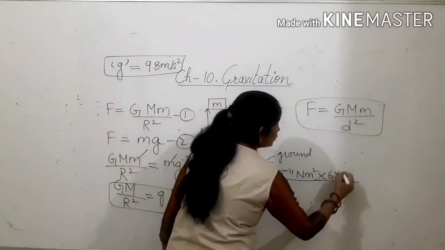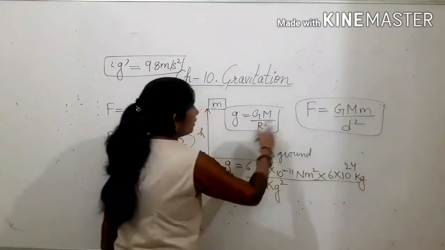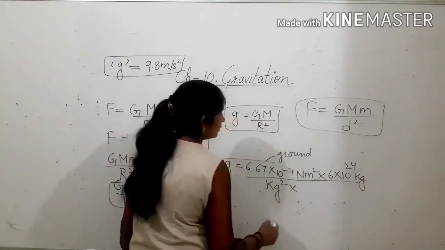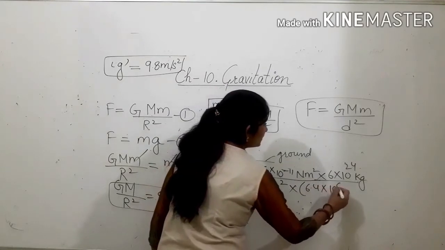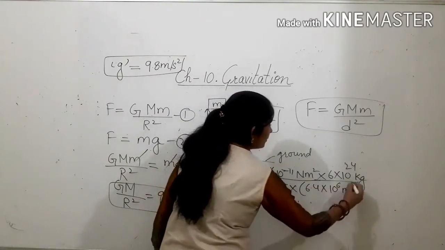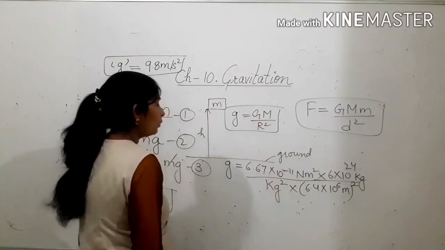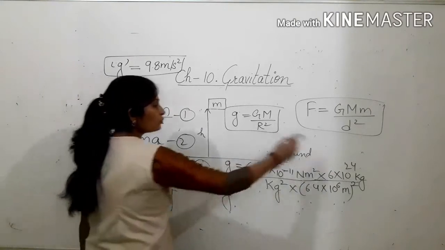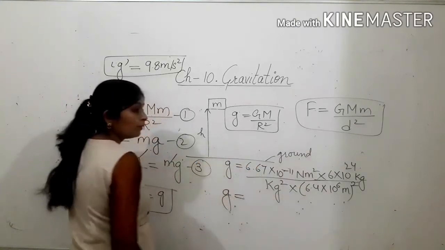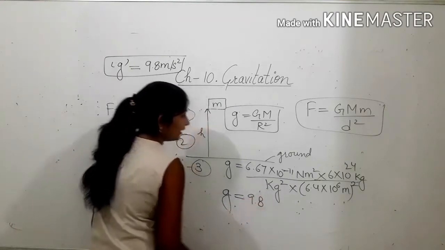It is 6 into 10 to the power 24 kilogram, upon radius of the earth, that is 6.4 into 10 to the power 6 meter, square. Now when you solve it, you will get the value of small g, that is 9.8.